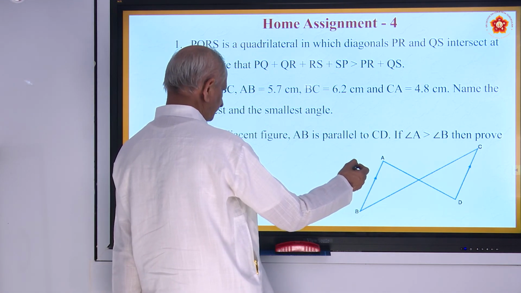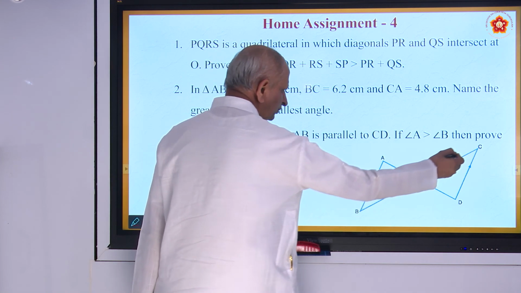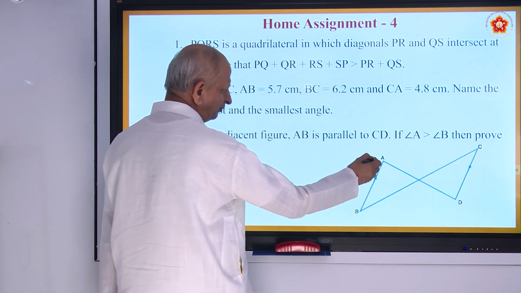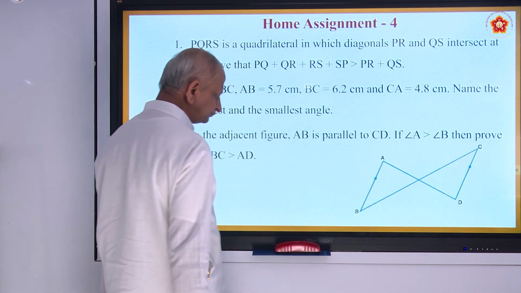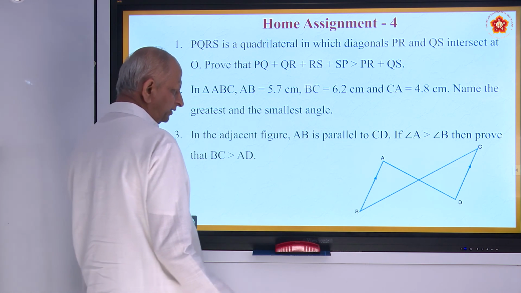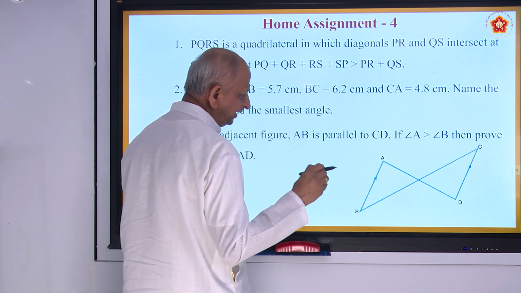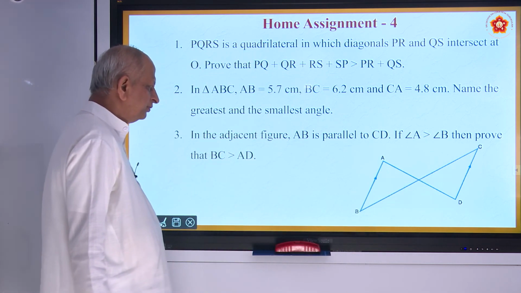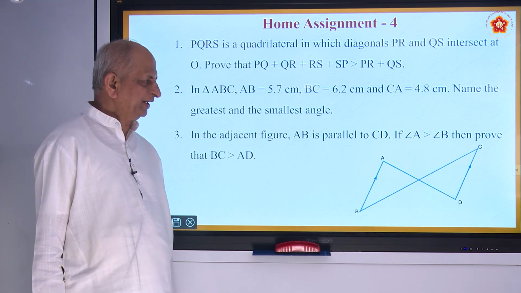AB is parallel to CD. Angle A is more than angle B. Prove that BC is more than AD. That you have to prove. Okay. So try to answer that.